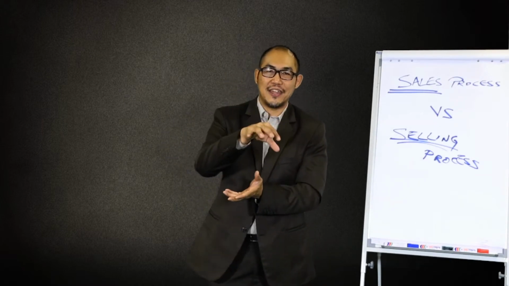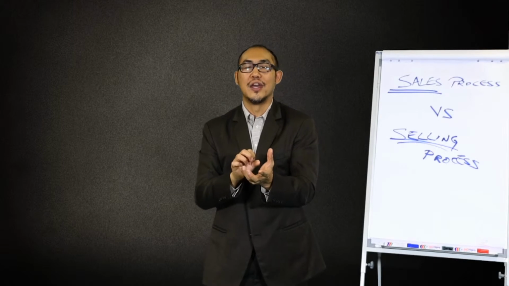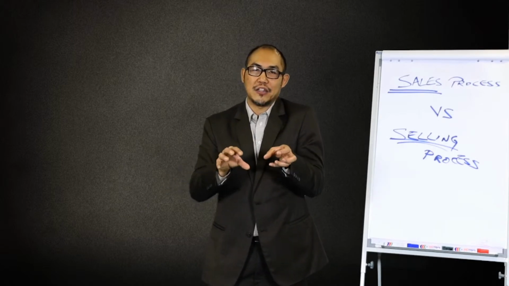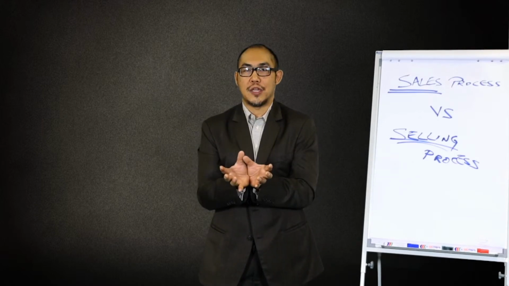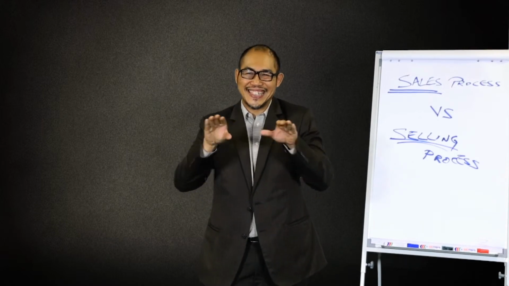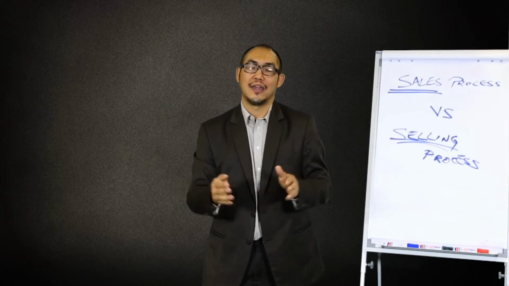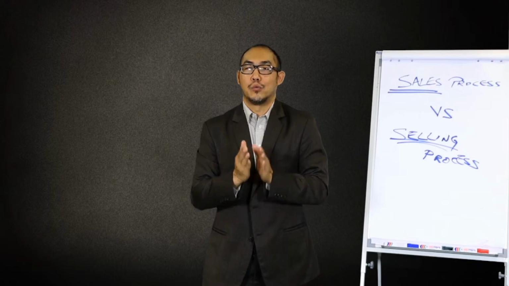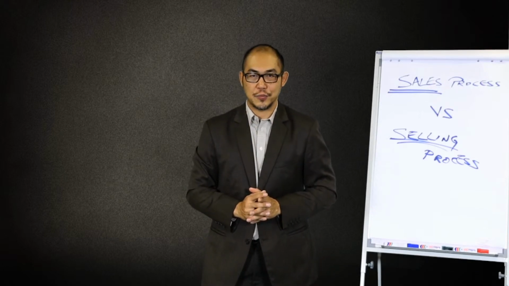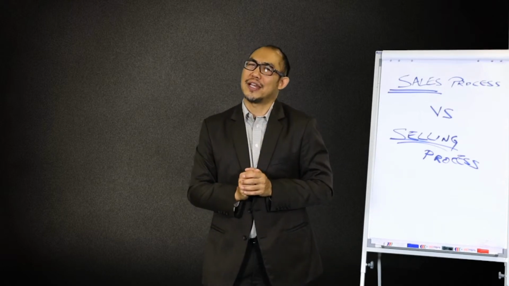If you operate it with the logic of science, you get the results that you get. Understanding how to manage the business process in the context of science, and the logic of the sequence of what needs to happen, will help you become a better salesperson. Now, the selling process is a little bit different.